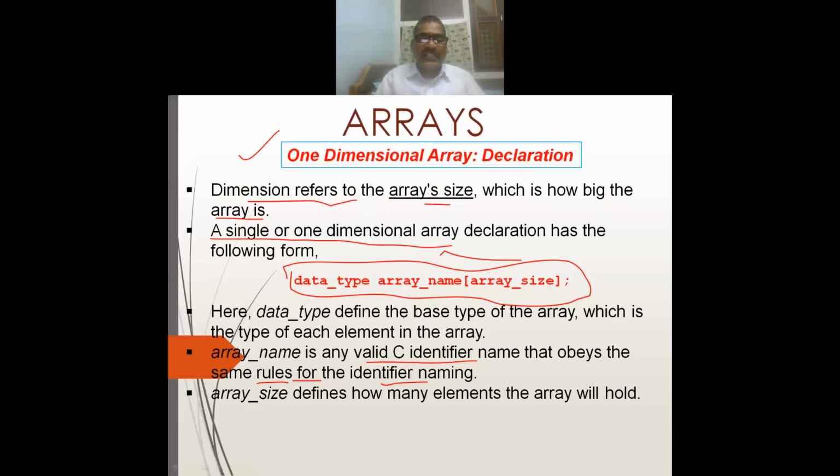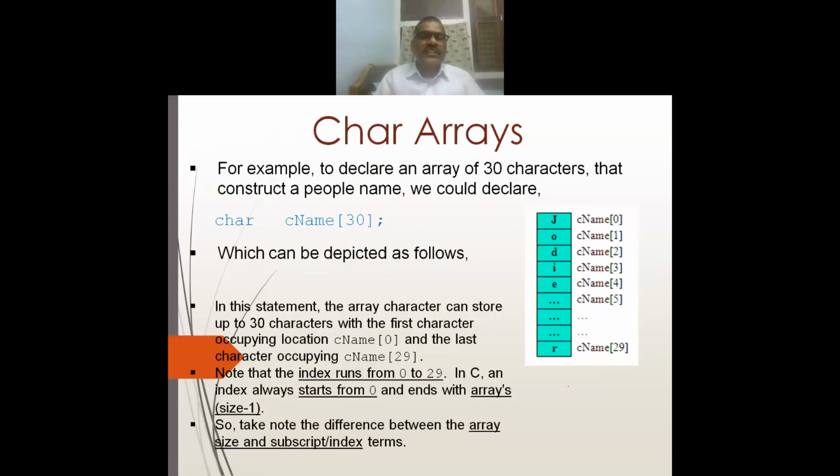And then the array size defines how many elements the array will be able to store. Now in this example, char cname of 30, char is the basic data type and cname is the array name. So how many characters will it store? 30 characters we are going to store.